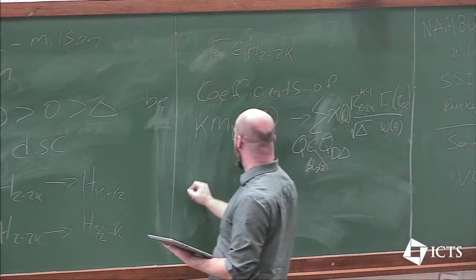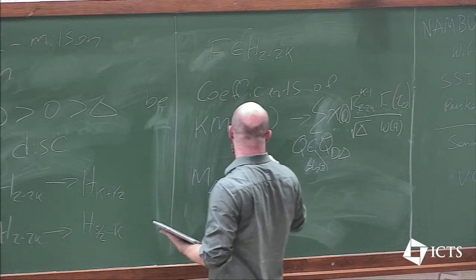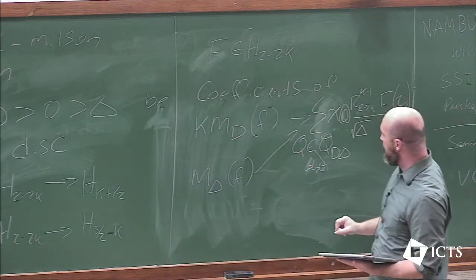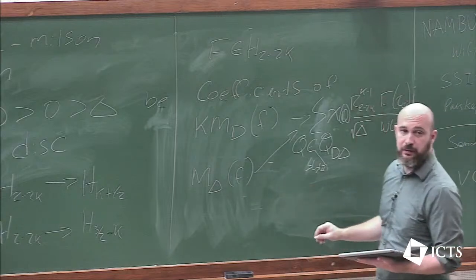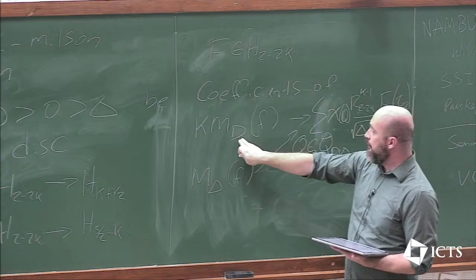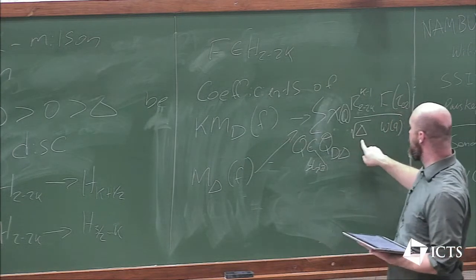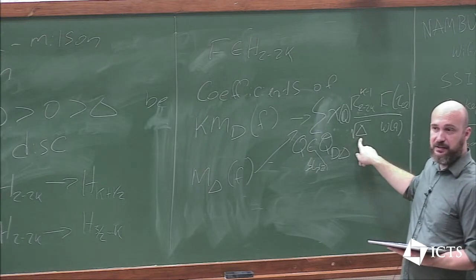If I have my Millson lift, M_delta of F, I'm actually going to get the same formula except with a minus sign. What we're looking at here is that I do a lift with respect to discriminant D, and I'm looking at a coefficient that corresponds to delta.